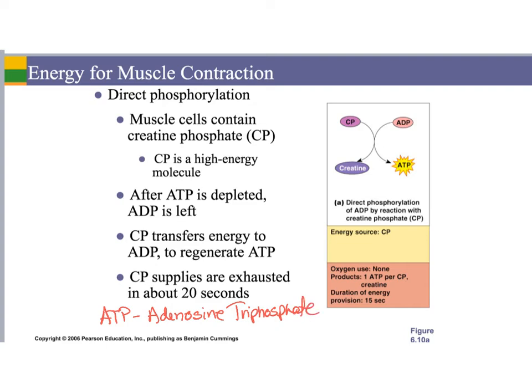And this is the cell's primary energy currency. And to produce ATP, we have to use a molecule called glucose, usually, right? Usually we use glucose.